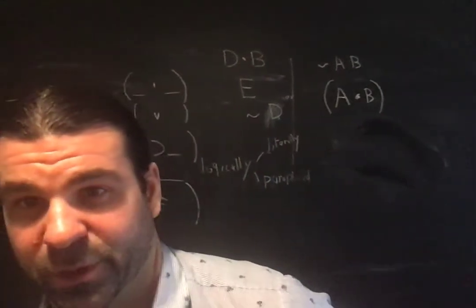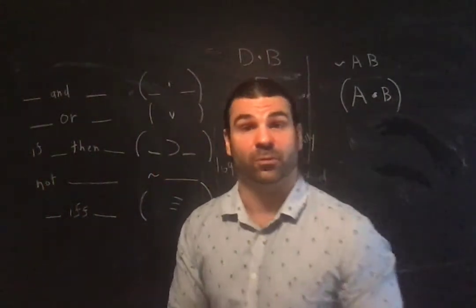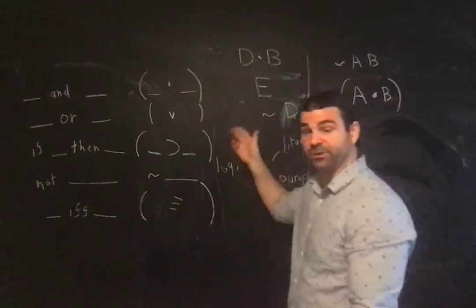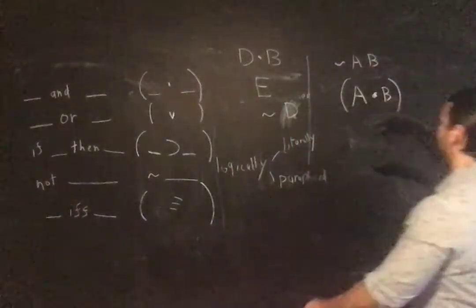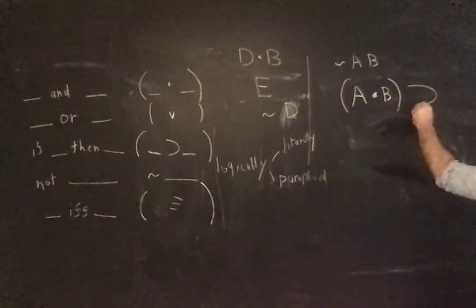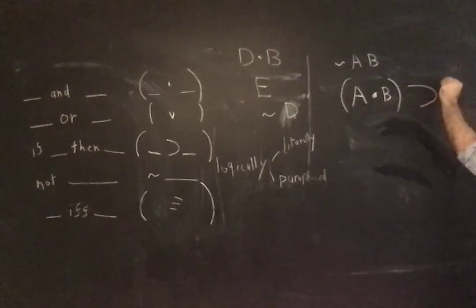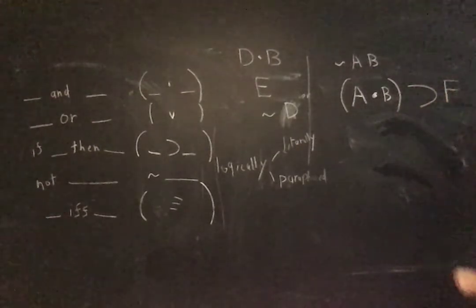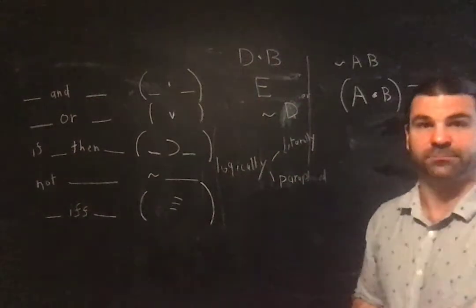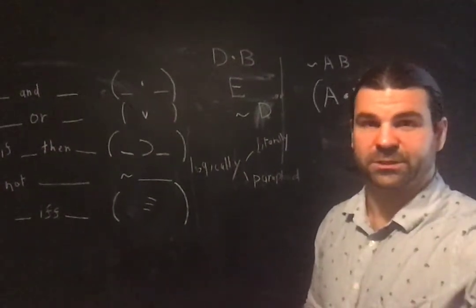It says if you put some legal formula to the left of the hook and another legal formula to the right of the hook, you have another legal formula. So this A hook B hook F is a legal formula right there. You've constructed something else.